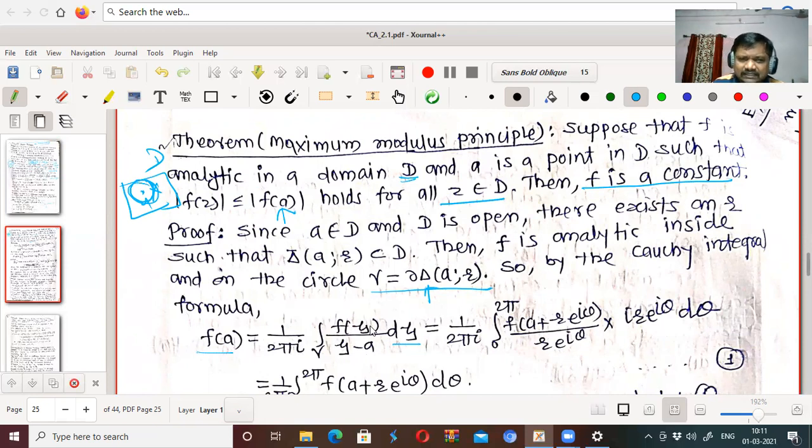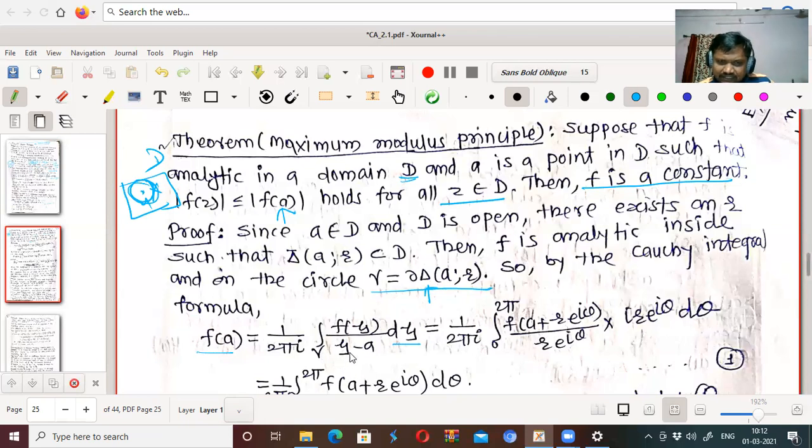What have we taken? Xi is equal to A plus R e to the power i theta, because it is a circle having center at A and radius R.